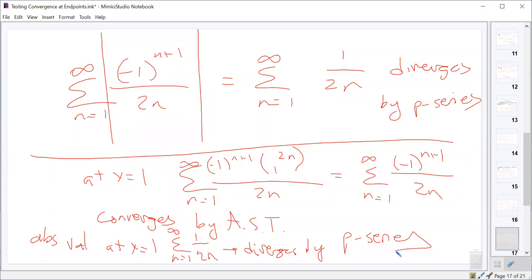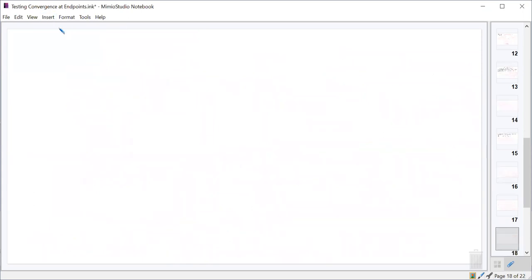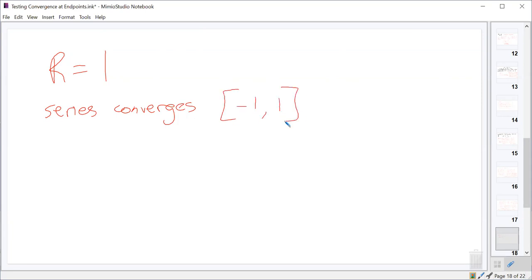So our final answer to all of those questions would be the radius of convergence was 1. We would say that the series converges on the interval inclusive -1 to 1.